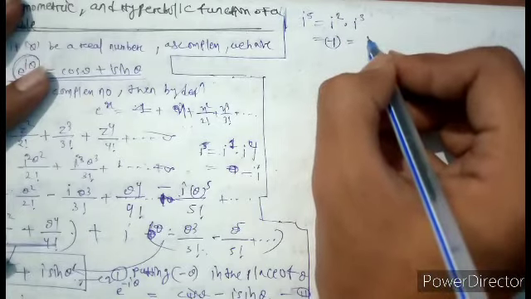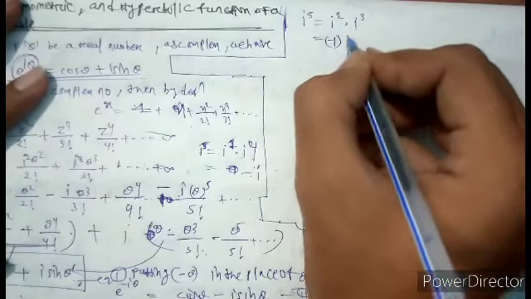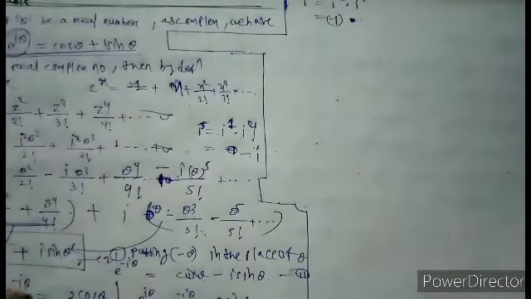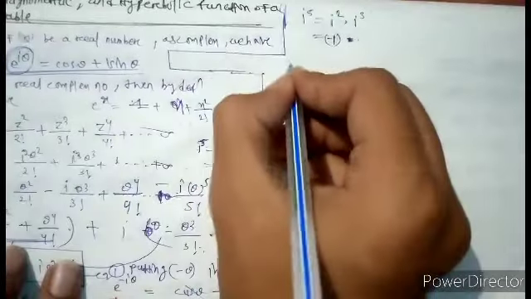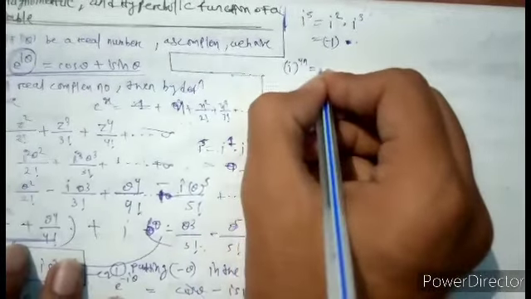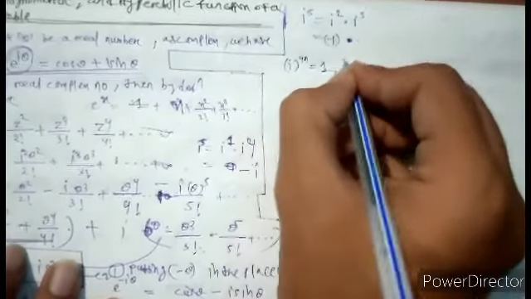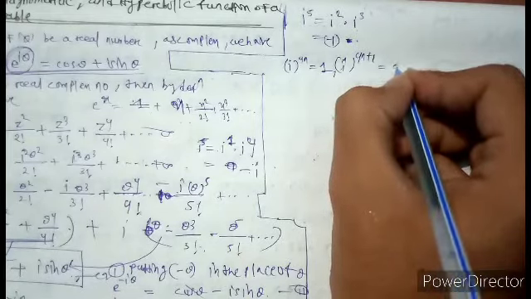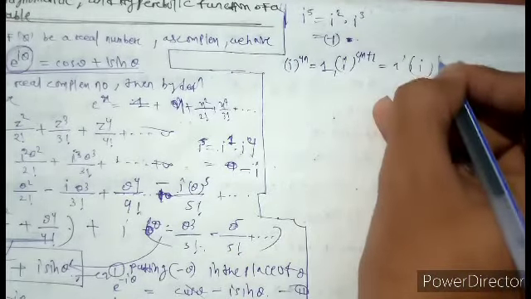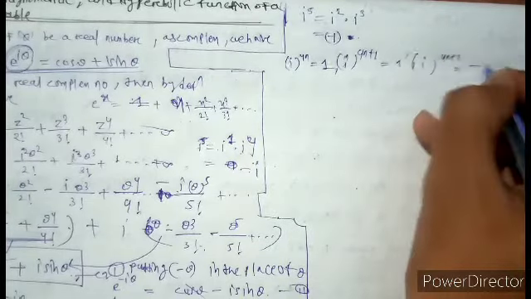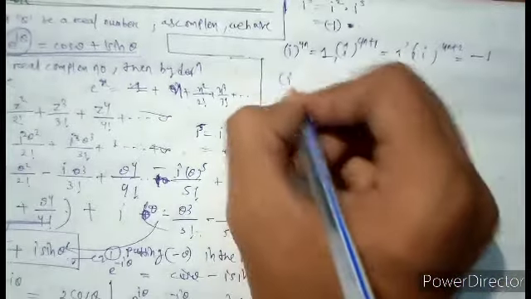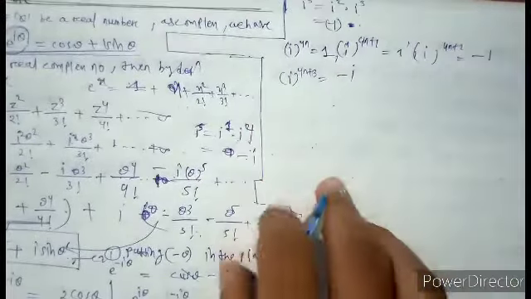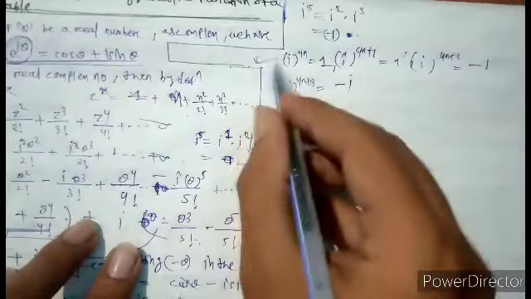Similarly, simply we have to remember that i to the power 4n is always 1, i to the power 4n plus 1 is always i, i to the power 4n plus 2 is always minus 1, and i to the power 4n plus 3 is always minus i. These are the values. Simply using this formula we will get the answer.